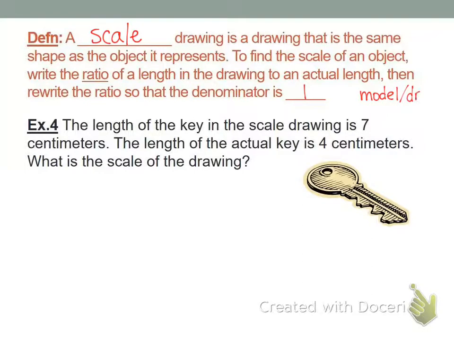Model or drawing. Those values will be in your numerator. The actual values or real life values will go in a denominator. So in any type of problem like this, model or drawing goes on top, actual length goes on bottom.